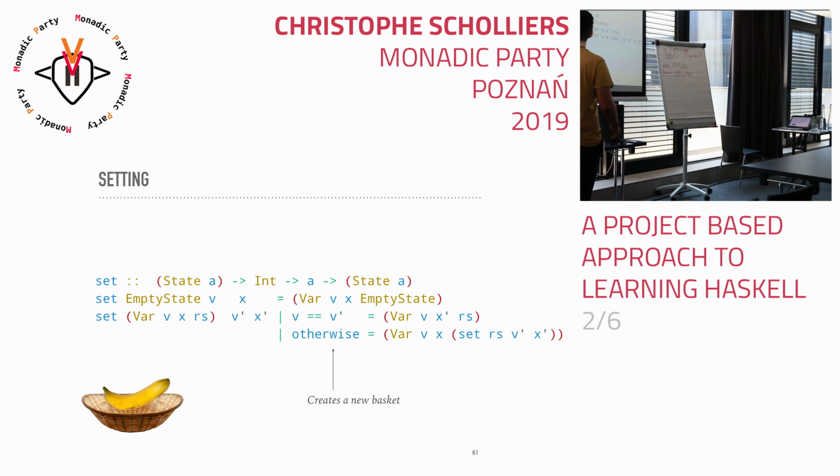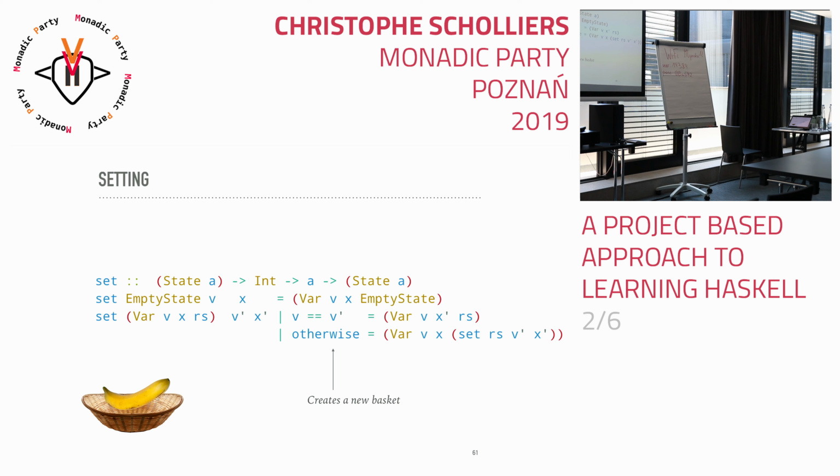So just imagine that we want to set something on a certain address and give it a certain value, but we are doing this on the empty state. What do we need to do? Well, we just create a new variable on this address with this value, and then the closing thing is the empty state. So we basically just add that this address has this value at this point. Everybody's following?